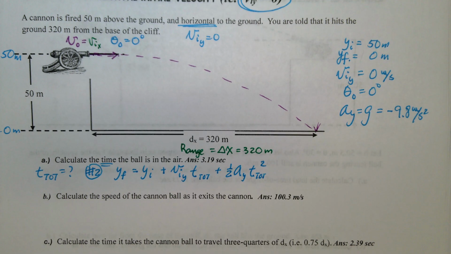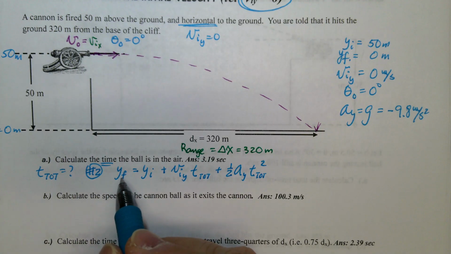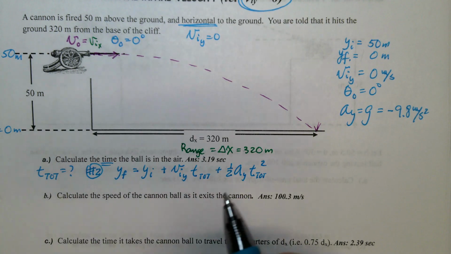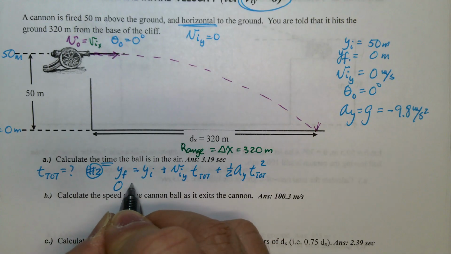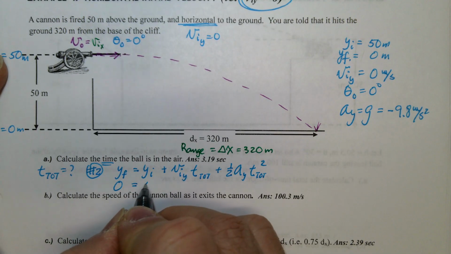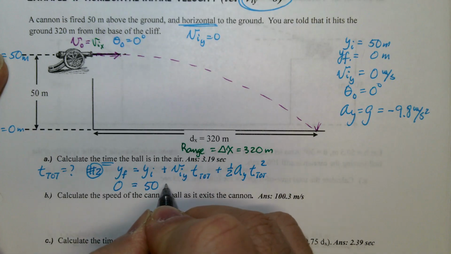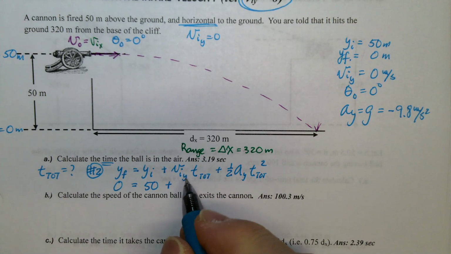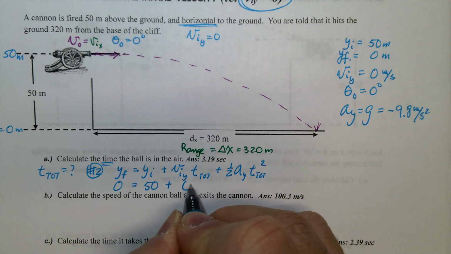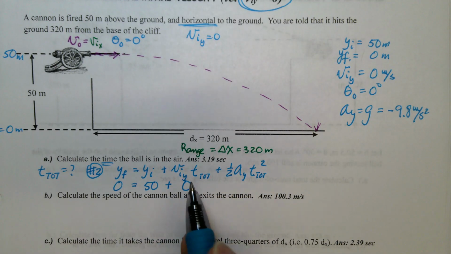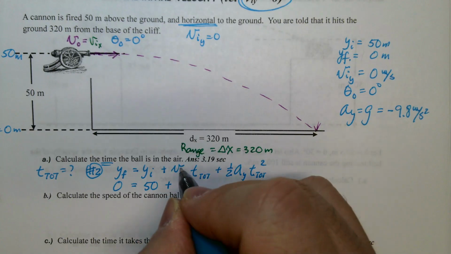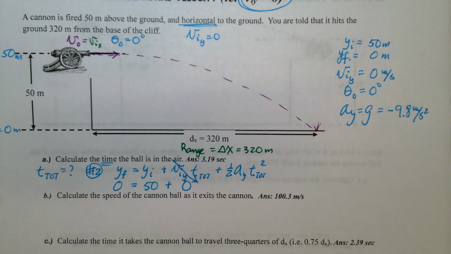So now if I plug in the right values, my Y final, 0, is equal to Y initial, 50, plus initial velocity in Y is 0, so 0 times T total is still 0, so this whole term drops out, right?